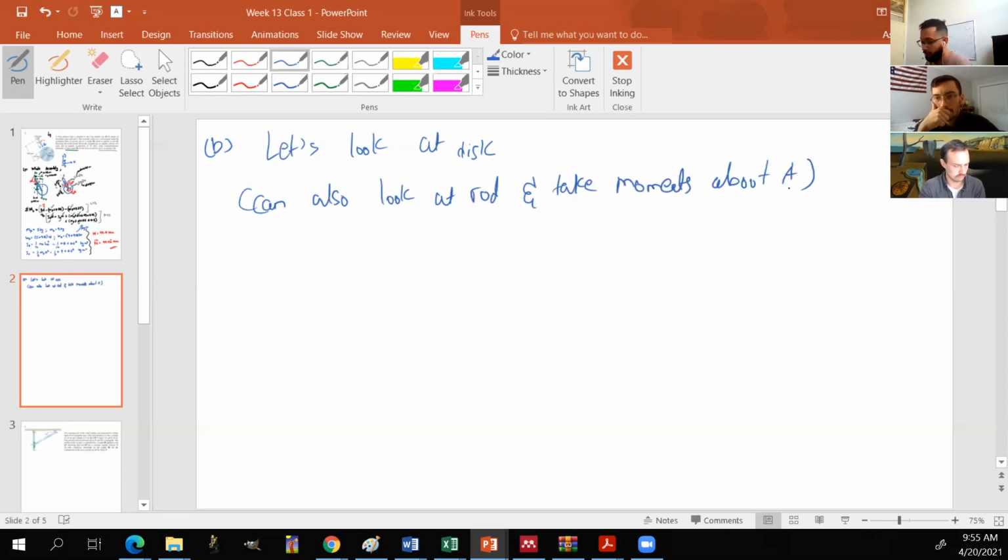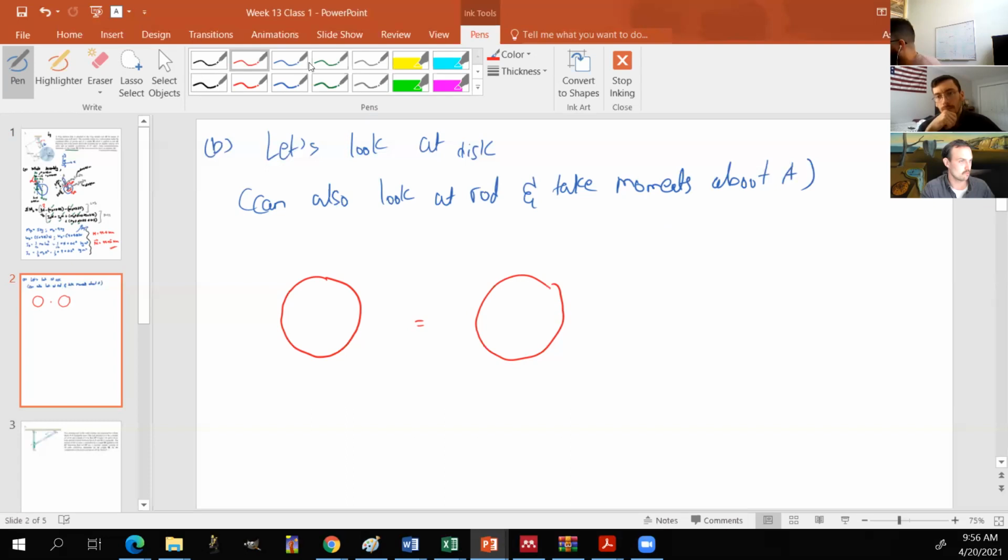A. All right, so looking at disk, so let's say that's my disk for my free body diagram, and that's my disk for my kinetic diagram. Right? So now for my free body diagram, looking at the disk, I'm going to have my reaction forces at the pin B, right?